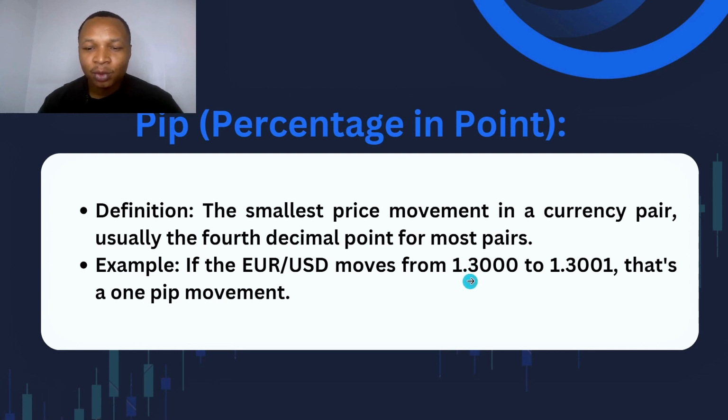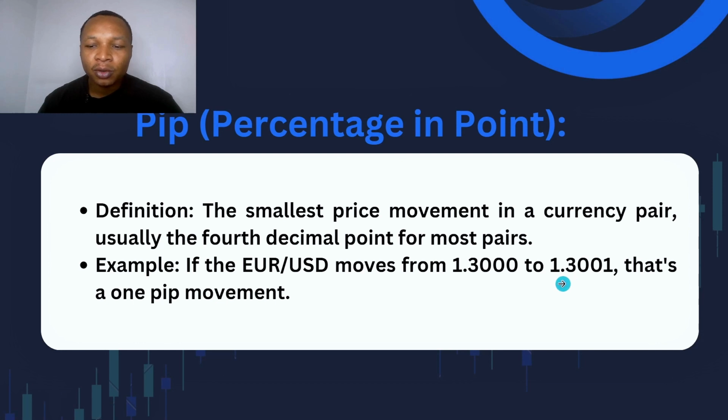In this case we have 4 decimal points, 1.3000 as the original price, and price moved 1 decimal point, which is 1.3001. So being that price has moved 1 decimal point, we say there is a 1 pip difference in price. So price has moved 1 pip.